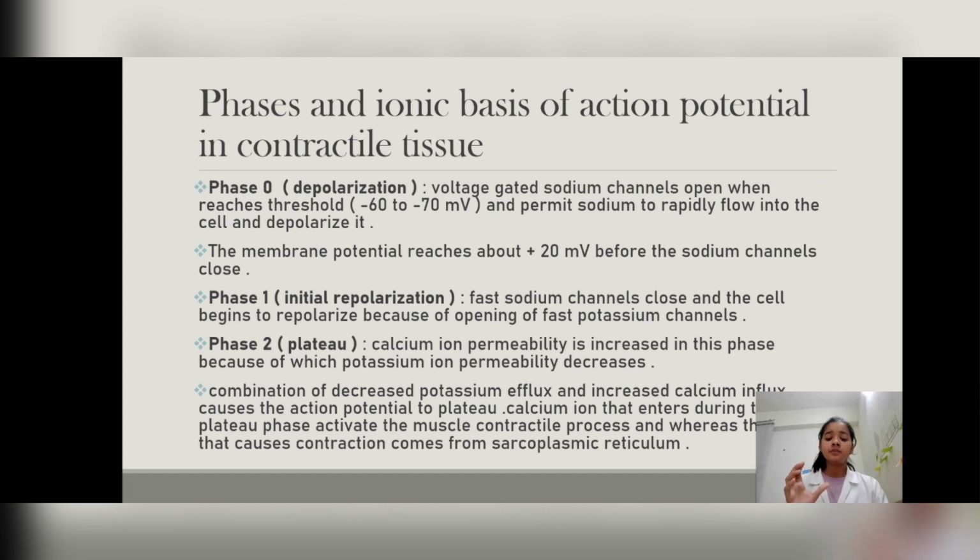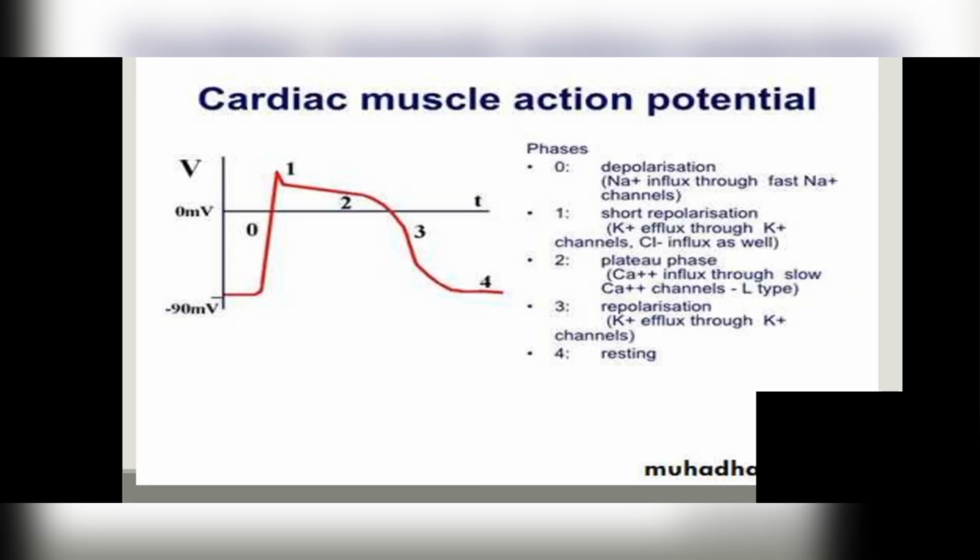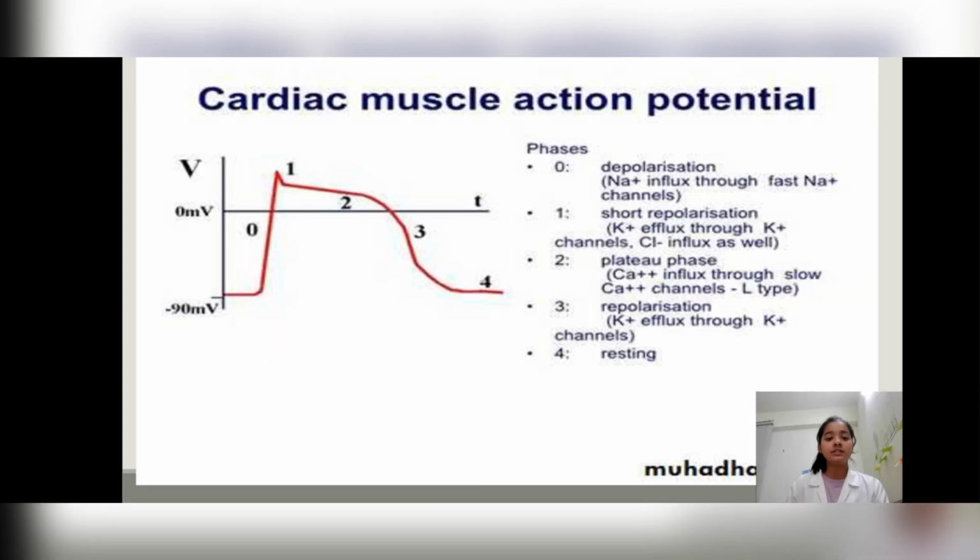The calcium which enters in this phase causes the activation of the contractile process, but the actual contraction is caused by the calcium which comes from the sarcoplasmic reticulum. So these are phases 0, 1, 2, 3 and 4. In phase 0, as we can see, the potential from minus 90 millivolt reached up to plus 20 millivolt because of opening of fast sodium channels.